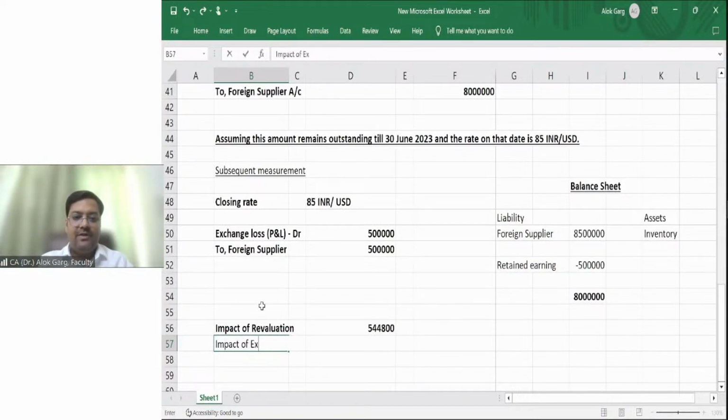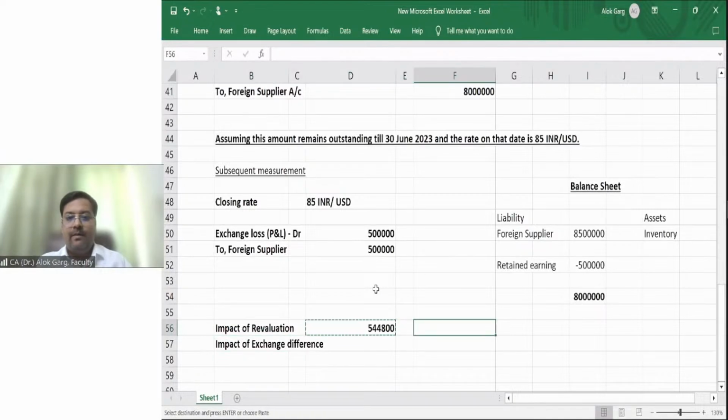Impact of exchange difference. What is the impact of exchange difference in this case? You have understood how this has come: 54.48, the old rate, multiplied by 1,10,000 minus 1 lakh.